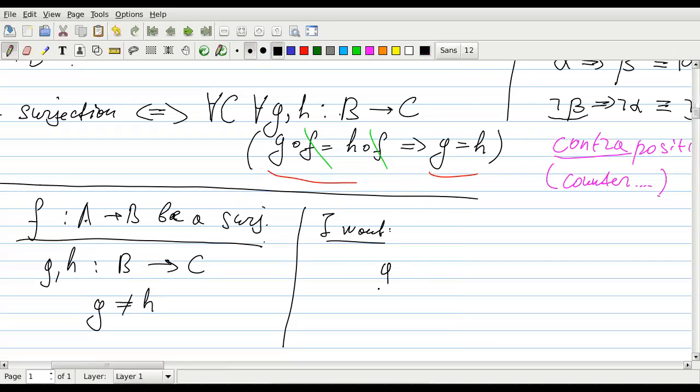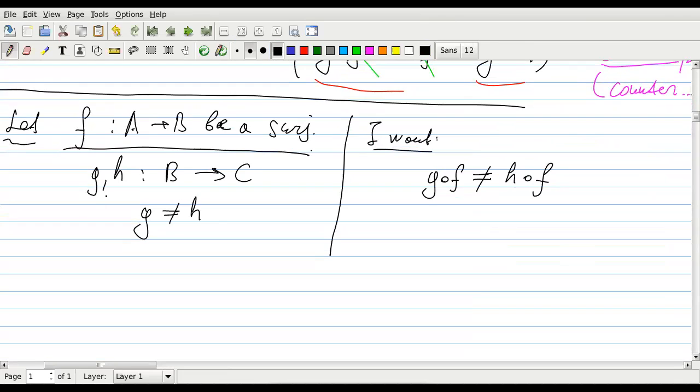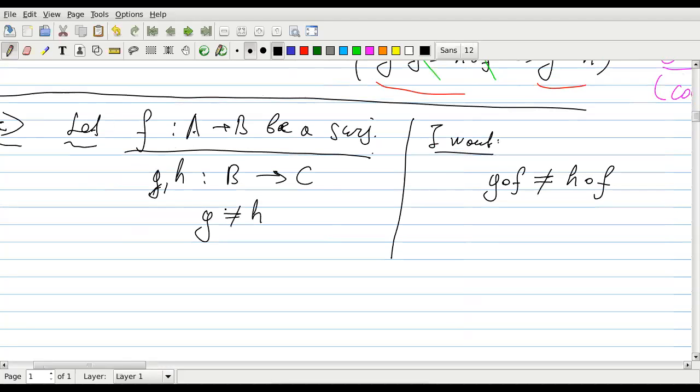Then this one is not equal to this one. So let's prove it. In fact, we had a criterion for two functions being equal. Two functions are equal if and only if their values coincide at every point.